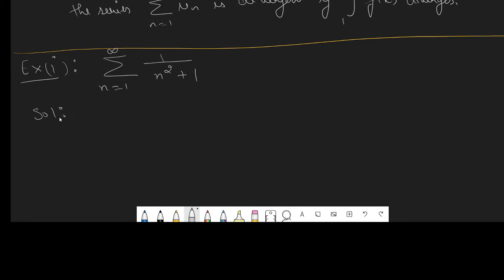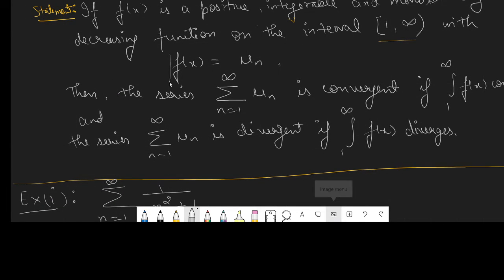Here un is already given in the equation, so we don't need to find out the un, and the time is saved. The un is 1 by n square plus 1, and in this method we have to take f(x) equal to un, that is, we replace x by n basically.